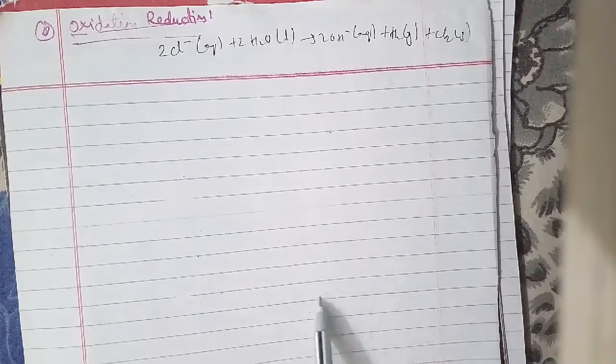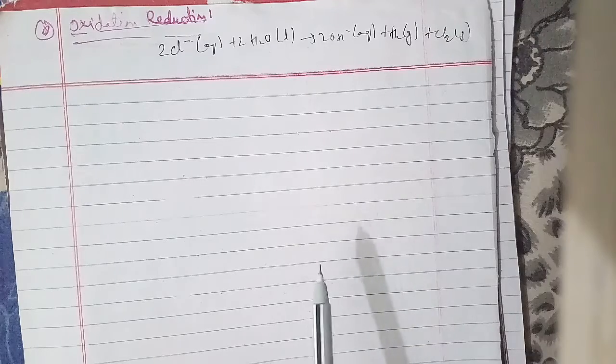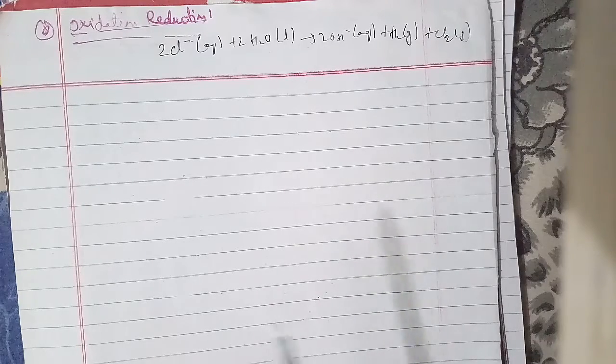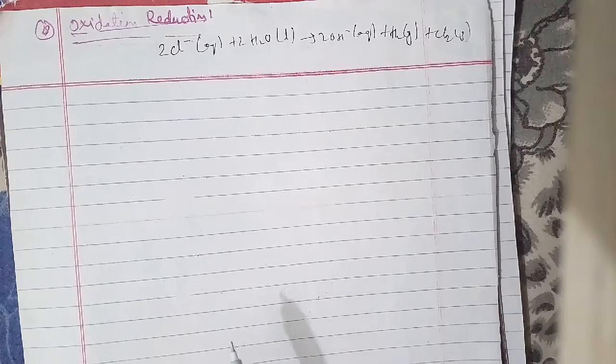Now we'll go ahead with writing another equation, which is also an important one that we have to discuss here, which is 4Au plus 8CN minus aqueous plus 2H2O aqueous plus O2 gas will give 4Au(CN)2 minus aqueous plus 4OH minus aqueous.